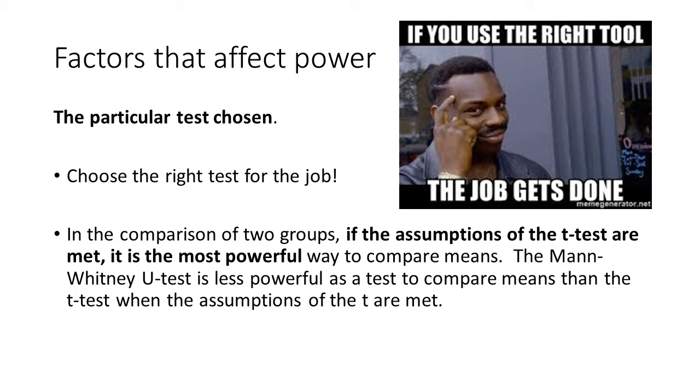But if you just have two groups that meet all of the assumptions of a t-test, run your t-test because it is the most powerful test compared to the Mann-Whitney U. Oh, and a good example, going back to the telescope example, an example of this would be using a telescope as opposed to using a cardboard tube with some glass on it. Use the right tool to find the star.